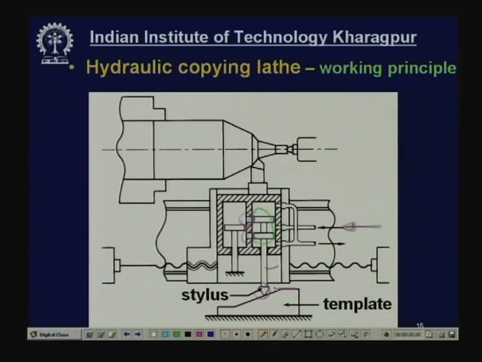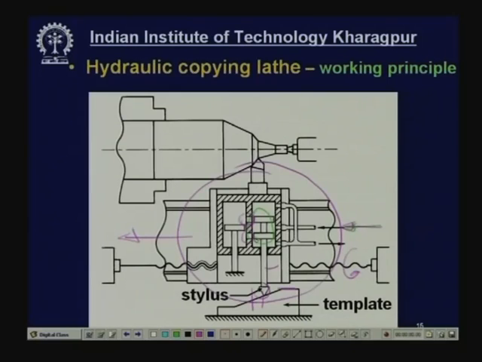So, there will be no oil flow. But this lead screw is rotating constantly. So, the whole saddle moves at a constant speed along with the tool and the stylus. So, when this moves along this slope, suppose it moves from this position to this position, this stylus comes down by a small distance, say delta x. Now, what will happen?